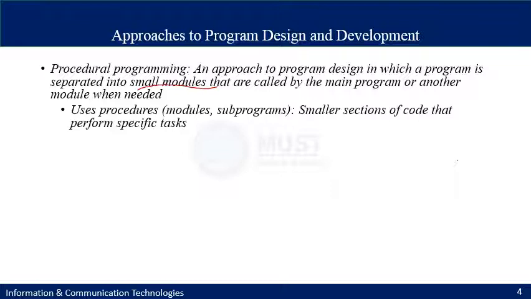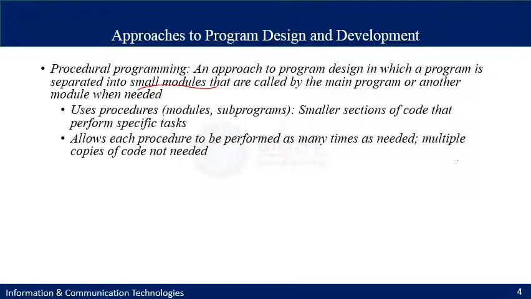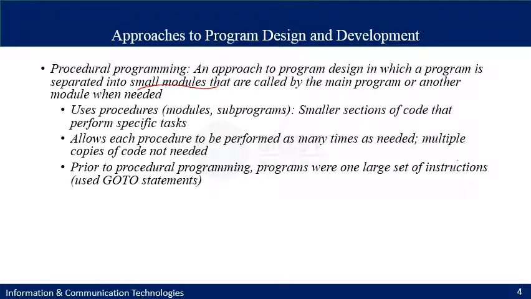So it typically uses procedures such as functions, modules, and subprograms, which are smaller sections of code that perform specific tasks. Procedural programming allows each procedure to be performed as many times as needed. Multiple copies of the code are not needed because you can call a single function or subfunction repeatedly whenever it is required.